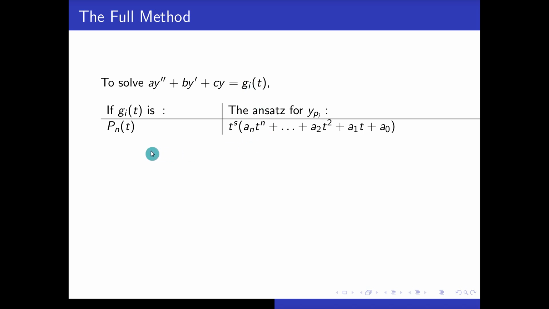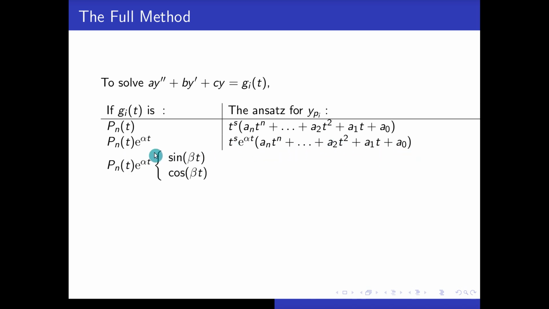Similarly, if I have a polynomial of degree n times the exponential function, I want to multiply by the exponential function times a full polynomial of degree n, and then I either multiply by t or t squared if I have to, depending on whether this is part of the homogeneous solution.